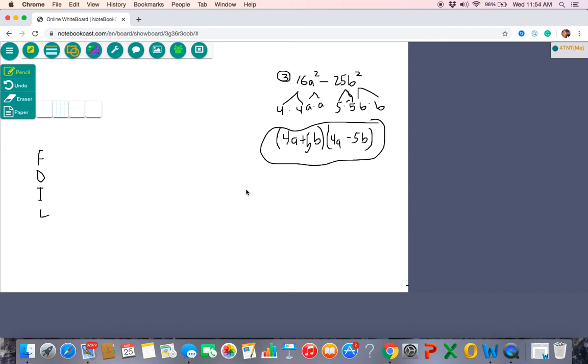Now I can check it. Let's check it. So 4a, using FOIL, first, outer, inner, last. 4a times 4a is 16a squared. 4a times negative 5b is negative 20ab.